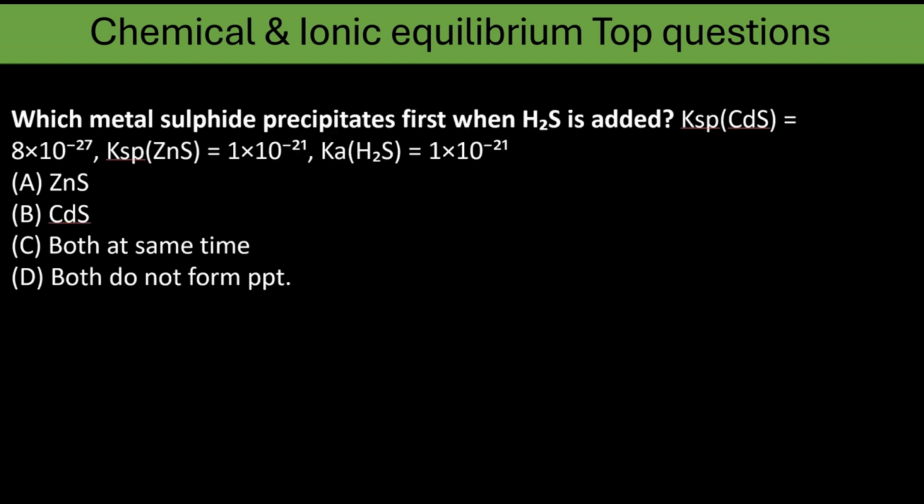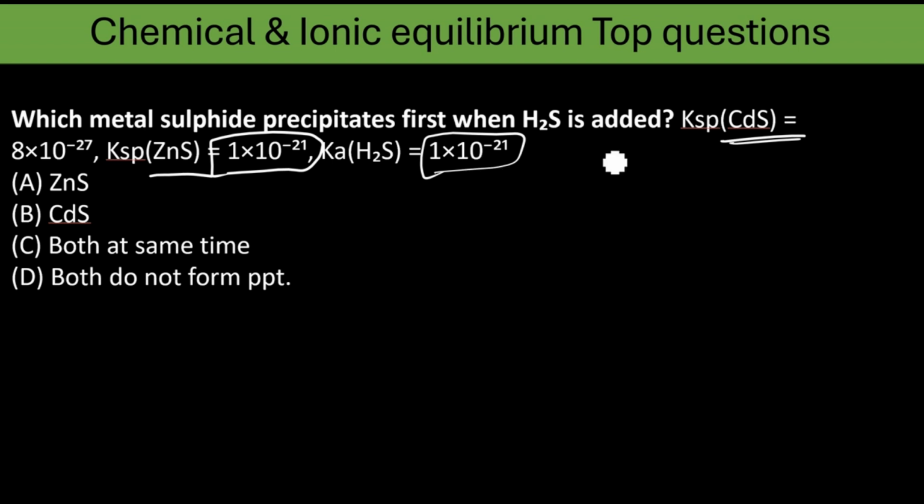Clear? Which metal sulfide precipitates first when H2S is added? Okay. So the salt with the smaller Ksp will precipitate first, right? So compare the Ksp values. Here I have cadmium sulfide 8 into 10 to the power minus 27, zinc sulfide 1 into 10 to the power minus 21, and for H2S that is 1 into 10 to the power minus 21.